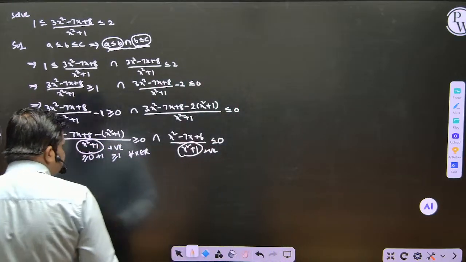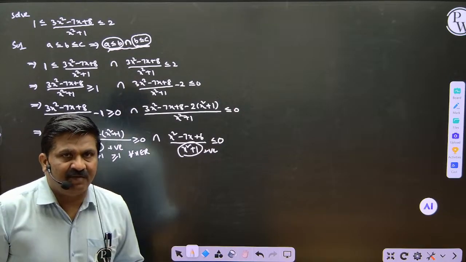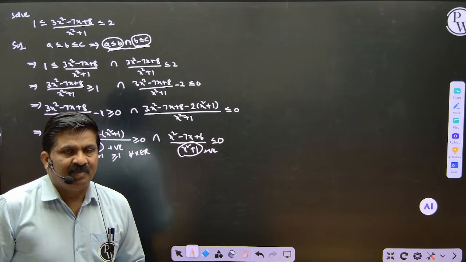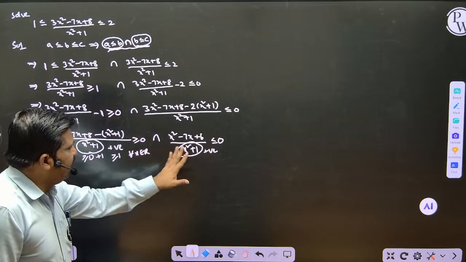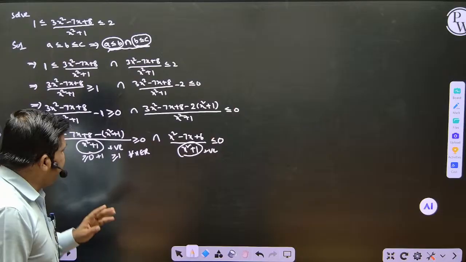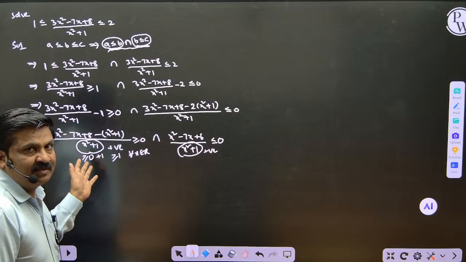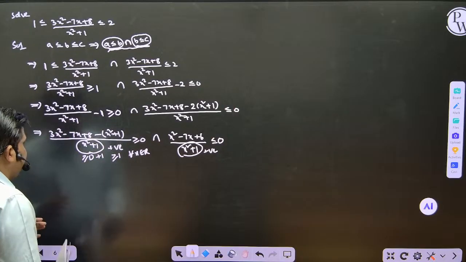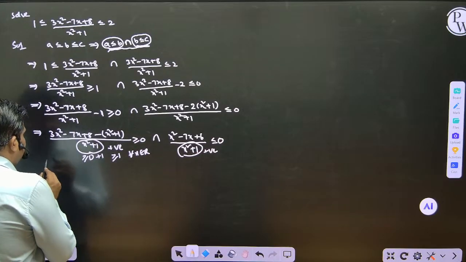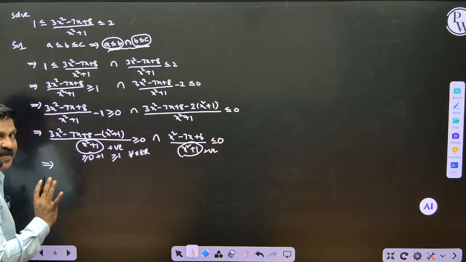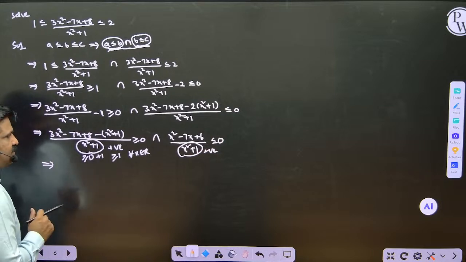When it is positive, it is unaffected while solving our result. The sign does not depend on this positive part; the sign depends on the other part. So whenever it is positive, we can conveniently eliminate that part, which does not affect the result while solving.